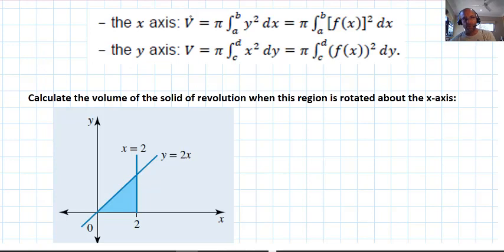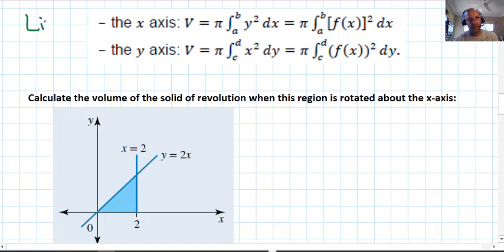So importantly, when we rotate a region under a graph around an axis, we get the following results. Now this is a region between a line and an axis, not between two lines, because a future video will look at rotating a region between two lines around an axis.